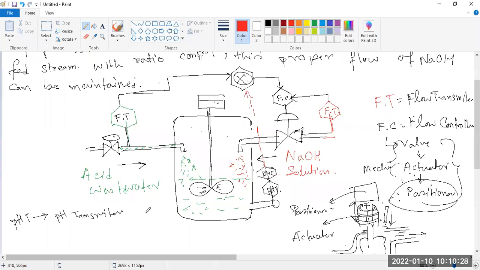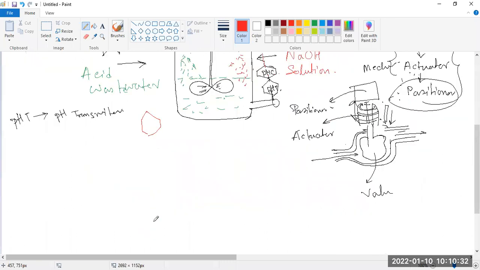So this is working just like a master and slave. This is the main controller, so it is called the master controller. This is the flow control, FC, and this is the pH control. These two are called slave controllers.